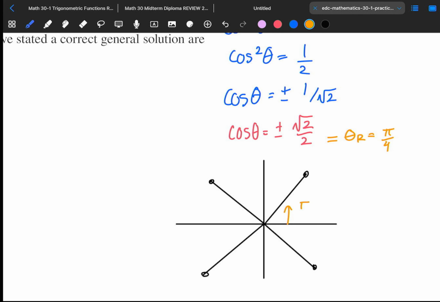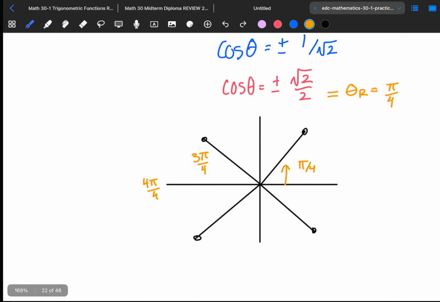So this first angle is going to be pi over 4. The second one, remember this is 4 pi fourths, therefore this one would be 3 pi fourths. This one is 1 plus 4 pi over 4, which is 5 pi fourths. And then this one all the way down here is just 8 pi fourths minus 1 pi fourth. This becomes 7 pi fourths.